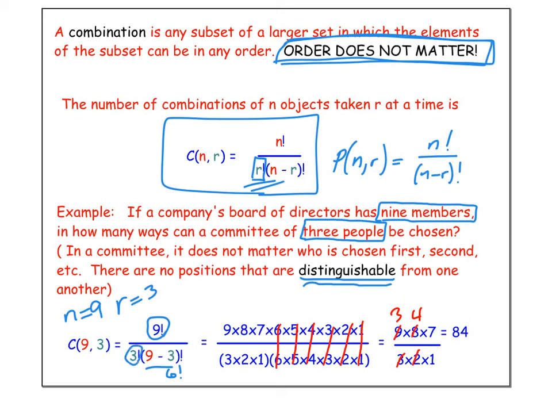This represents my 3 factorial, and this represents my 6 factorial, but it gets canceled off, reduced on the top, and all that's left is 9 times 8 times 7 divided by 3 times 2 times 1, which is 84.